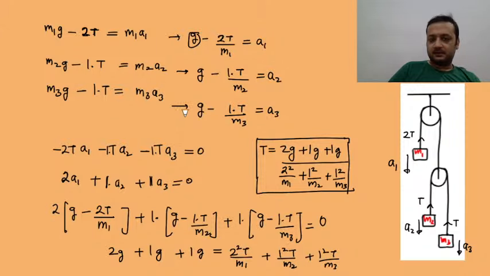Similarly, you get 1 square here. So overall you get 2g, 1g and 1g, and you get 2 square by M1 plus 1 square by M2 plus 1 square by M3, whole multiplied by tension. Exactly that is why I told you to write the tension in this manner: 2 into gravity, 1 into gravity, 1 into gravity, divided by 2 square by M1 plus 1 square by M2 plus 1 square by M3.